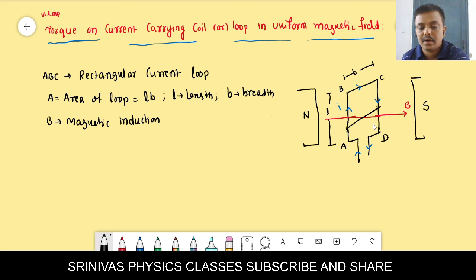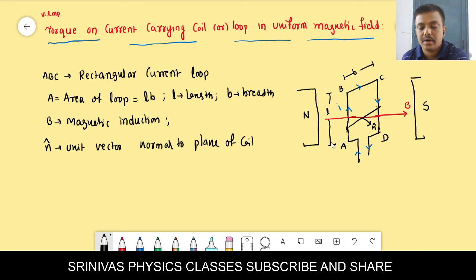We will take the normal to the plane of the coil. Normal to plane of coil is n cap. N cap is the unit vector that is normal to the plane of the coil.